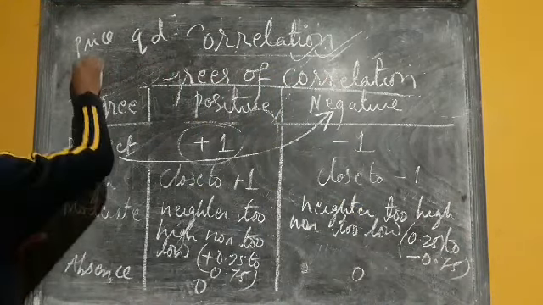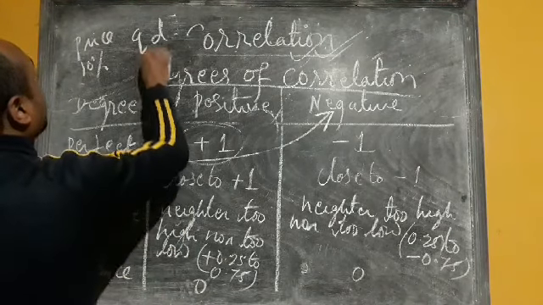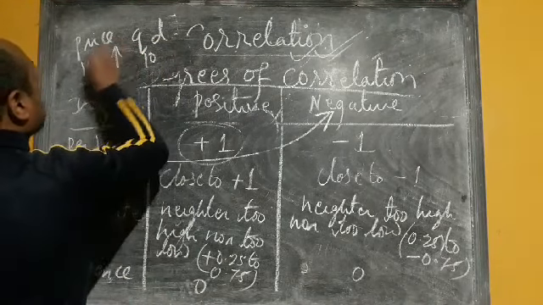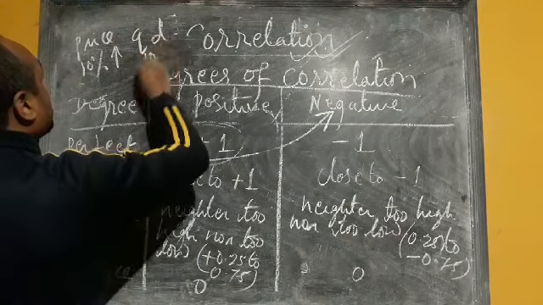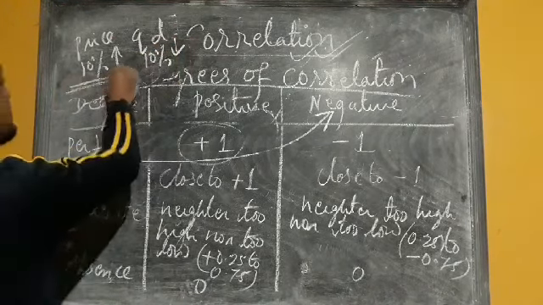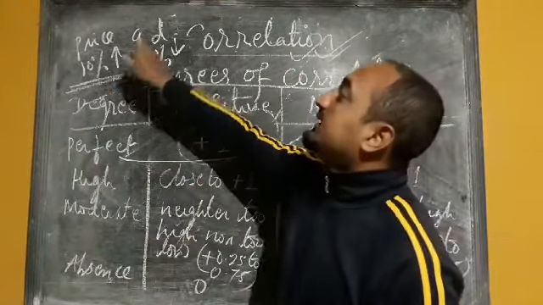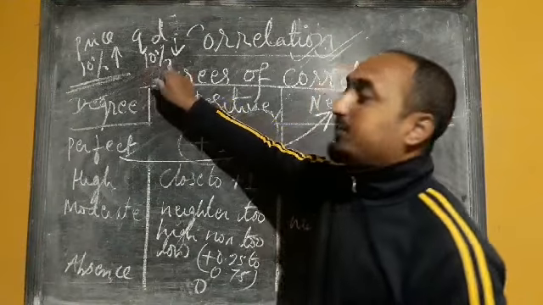So when price of a commodity is changing by 10%, and due to that, if your quantity demand is decreasing, suppose the price is increasing and quantity demand is decreasing by 10%. So here see, your price is increasing by 10%, but quantity demand is decreasing by 10%.